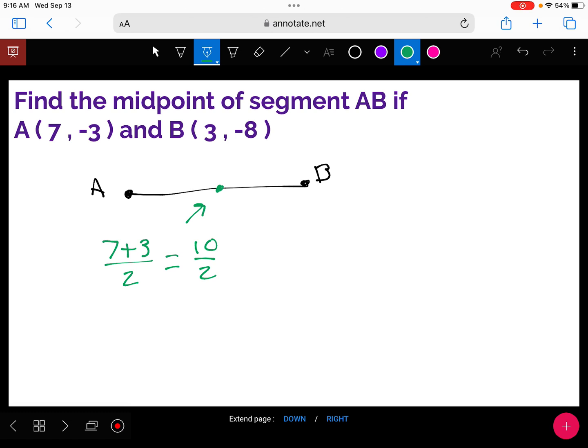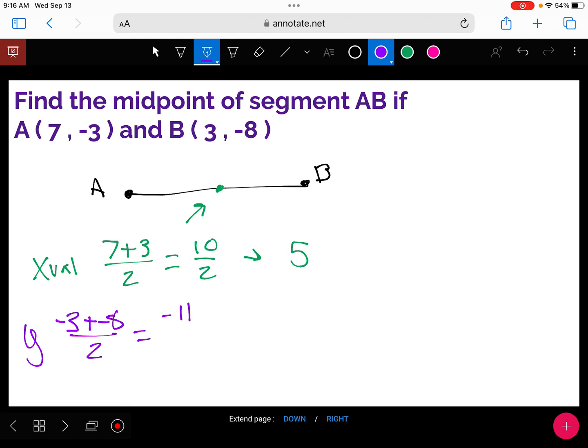She got it. All right, so what is the x value of this midpoint? 5. So this is for our x value. We do the same thing for the y's. We're going to average the y's together. -3 plus -8 and divide by 2. -11 over 2.